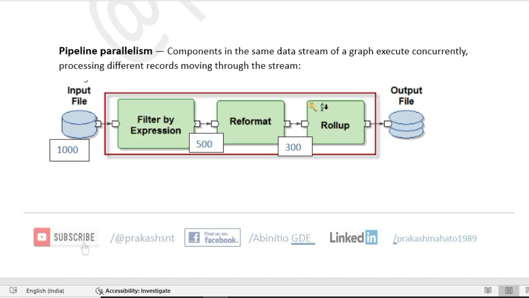So we call this pipeline parallelism. Also make sure that if you are using any sort component in this flow, it will break your pipeline parallelism. Why? Because the sort component receives all the records first, and only then sends its output. So make a note that the sort component breaks pipeline parallelism.